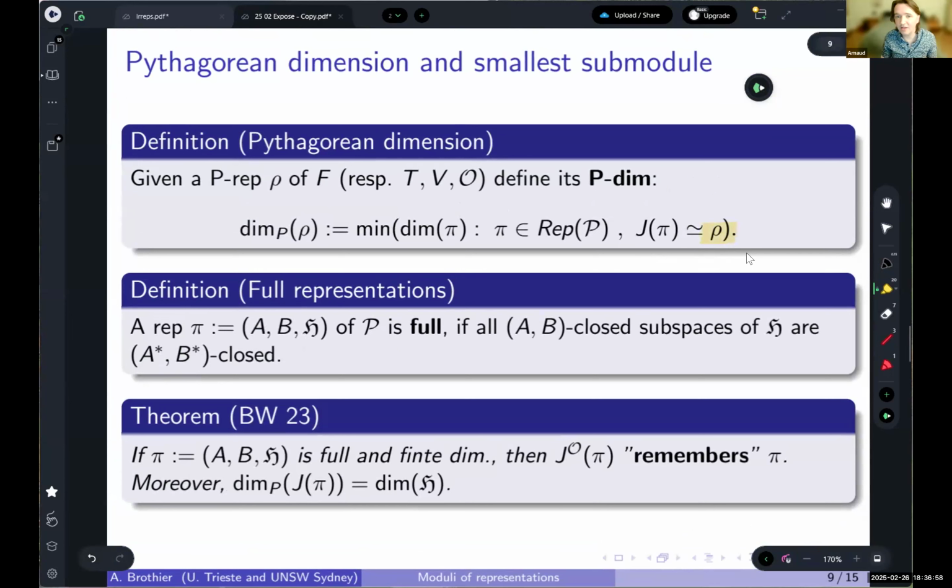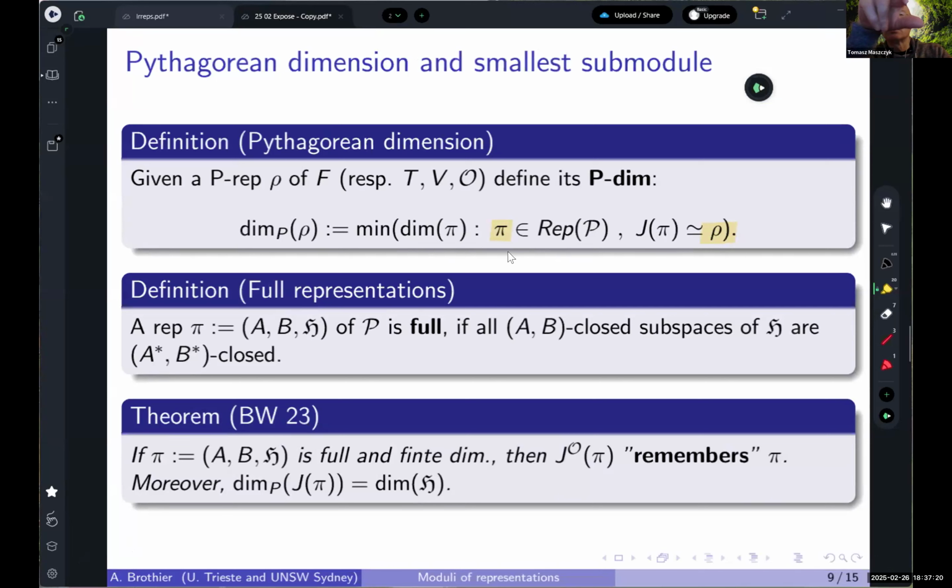And you know you can find at least one pi such that G of pi is isomorphic to it. So now the pi is a representation of P, the Pythagorean algebra. And you just take the minimal of all these dimensions.